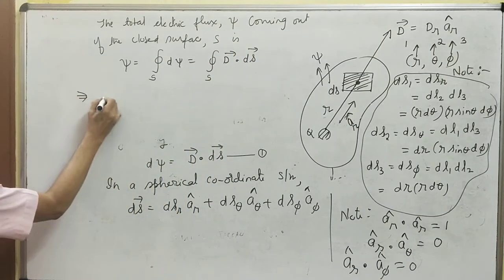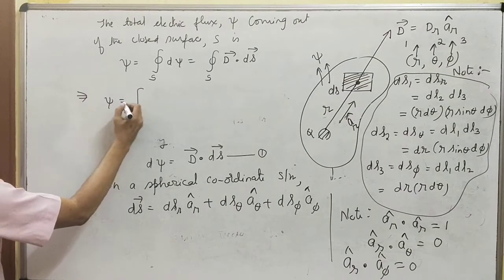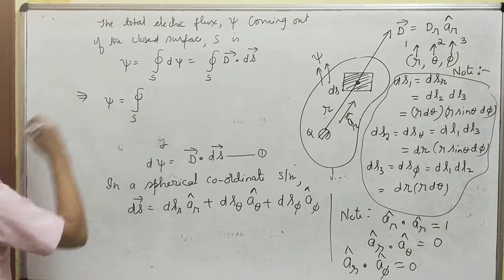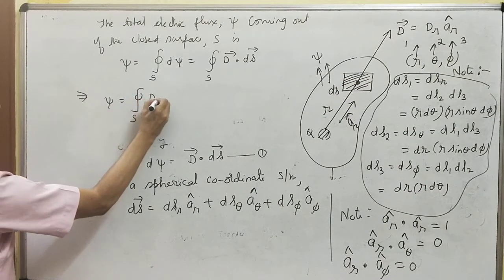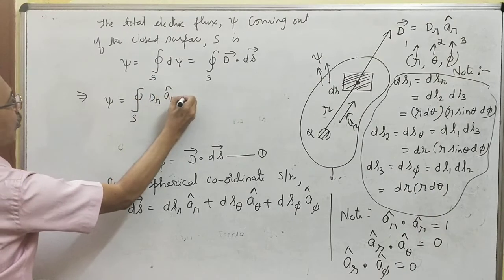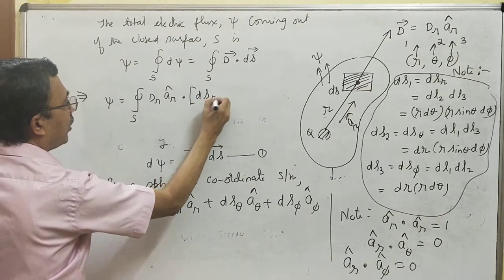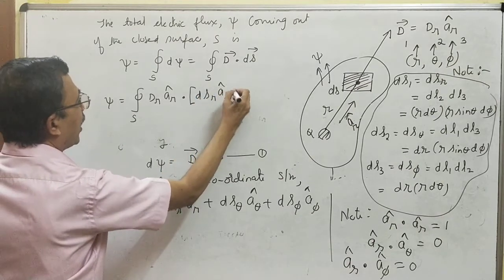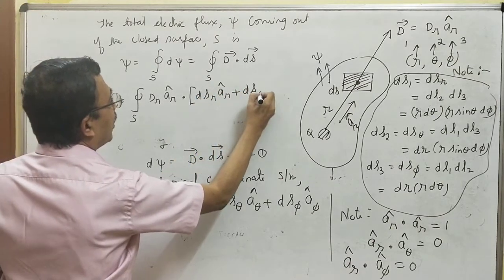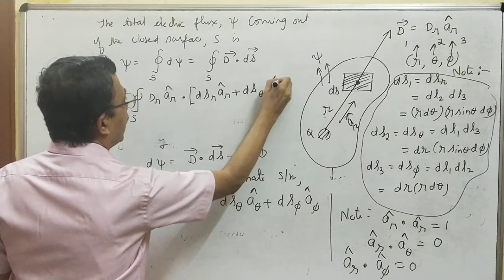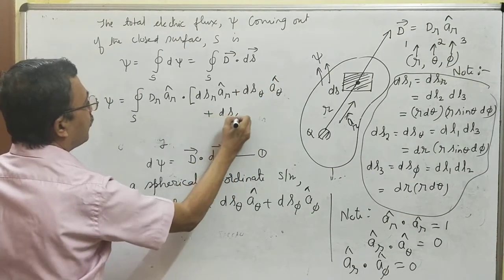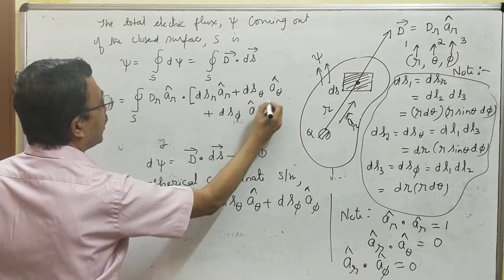This implies psi is equal to closed surface integral. What is vector D? Dr into ar cap. What is vector dS? Vector dS is dSr into ar cap plus dS theta into a theta cap plus dS phi into a phi cap.